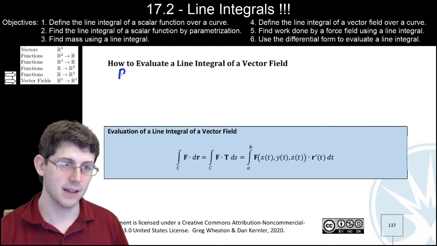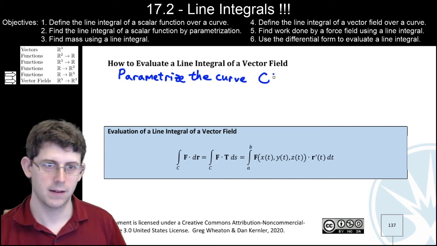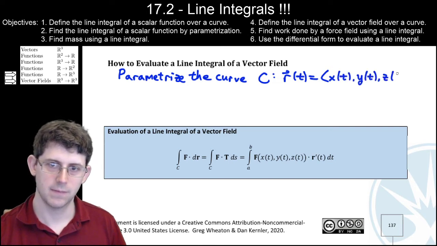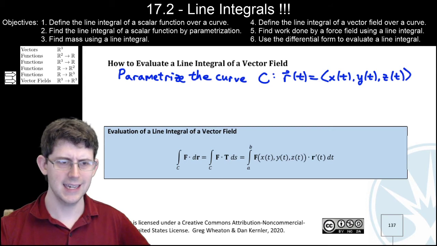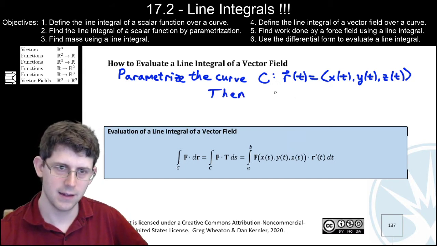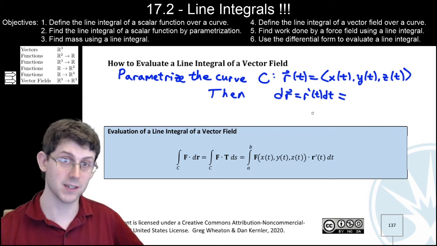If you parameterize the curve as a vector valued function, then you can say, okay, well, dr, I don't know why we have this middle segment in here, but dr is r prime dt. And we know how to find the derivative of a vector valued function from chapter 14.